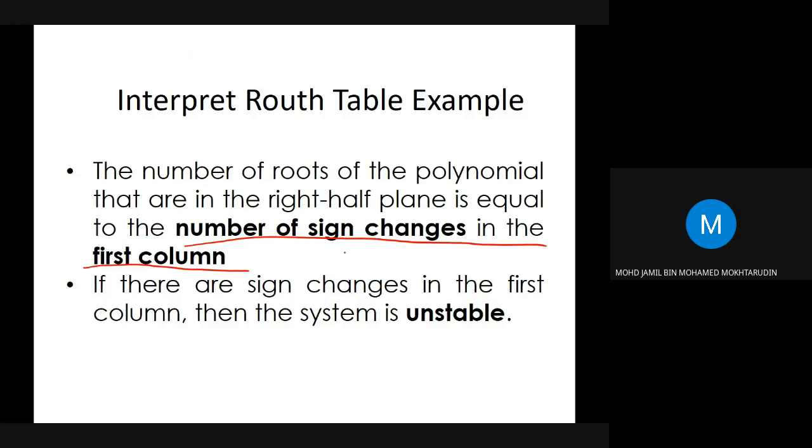Sign changes mean from positive to negative, then from negative to positive. How many times there is a sign change. So if there are sign changes in the first column, then the system is unstable. Kalau ada sign changes, dia terus unstable.